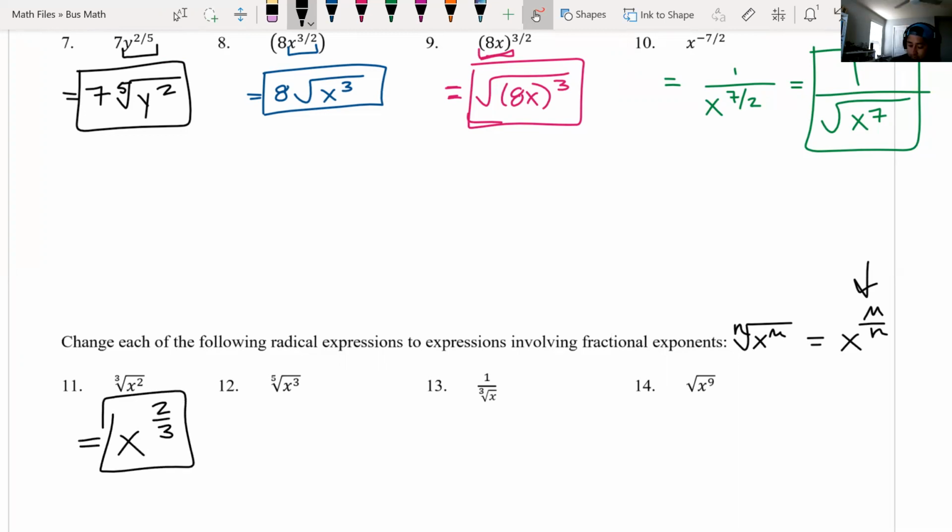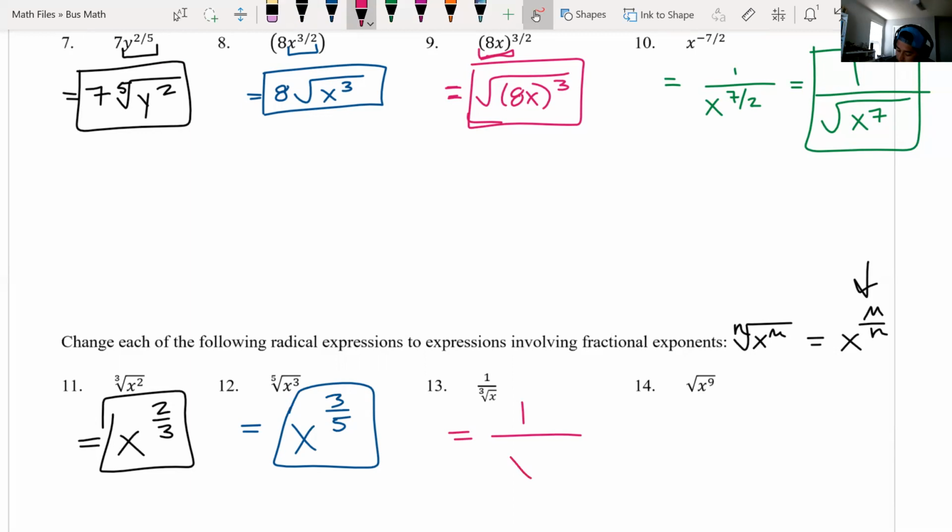Done. For 12, the 5th root of x cubed, same thing, is going to be x to the 3/5. And then 13, well, we have a little bit of work to do here. So 13, you'll get 1 over, and the cube root of x is going to be rewritten as x to the 1/3.